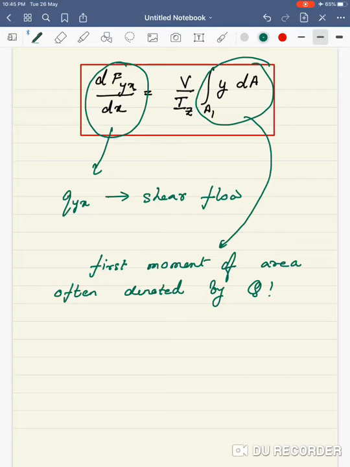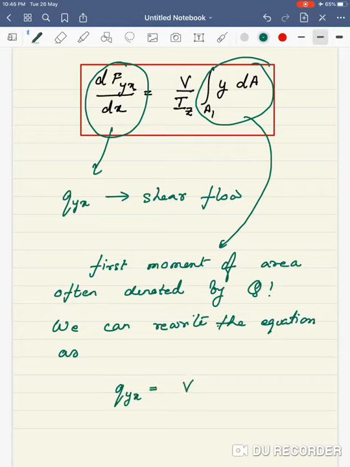So we can rewrite the equation as qyx equal to VQ by Iz. See, we are trying to put everything in a similar fashion, right?